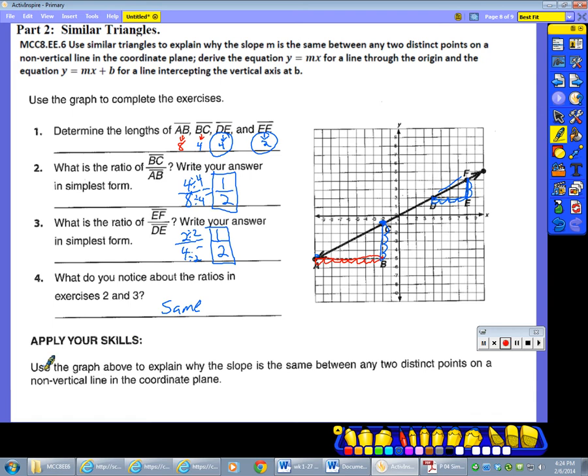All right, so now use the graph above to explain why the slope is the same between any two distinct points on a non-vertical line in a coordinate plane. There's a lot of correct answers that I would accept, different ways you could word it.